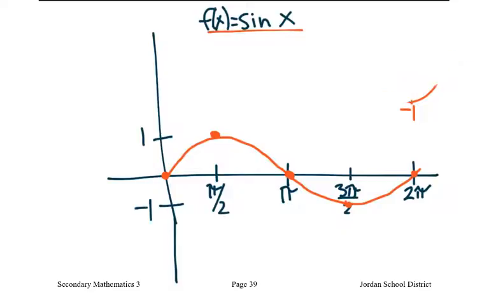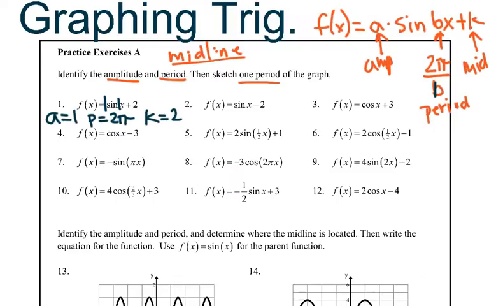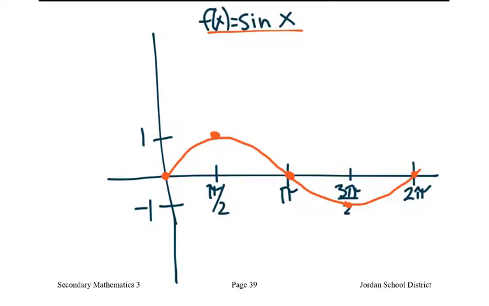Okay. Now for ours, we have an amplitude of 1, so that stays the same. Period of 2 pi, so that stays the same. A midline of 2. So what that's going to do is just bump things up. So the midline is usually right about here. Okay, so it's going to move everything up by 2.